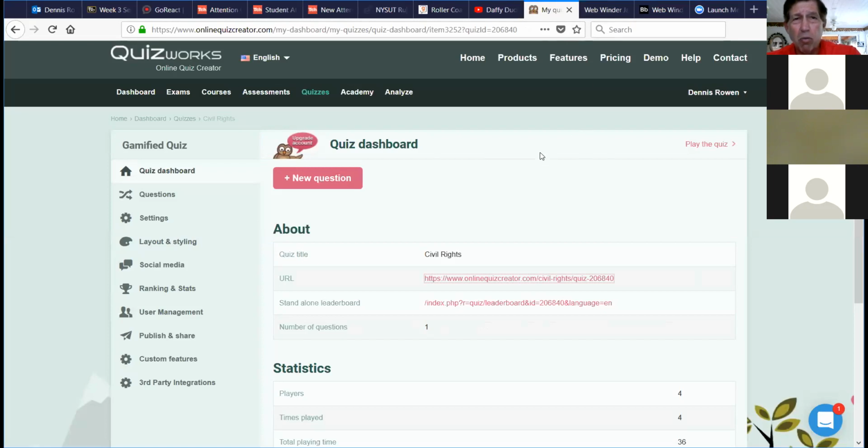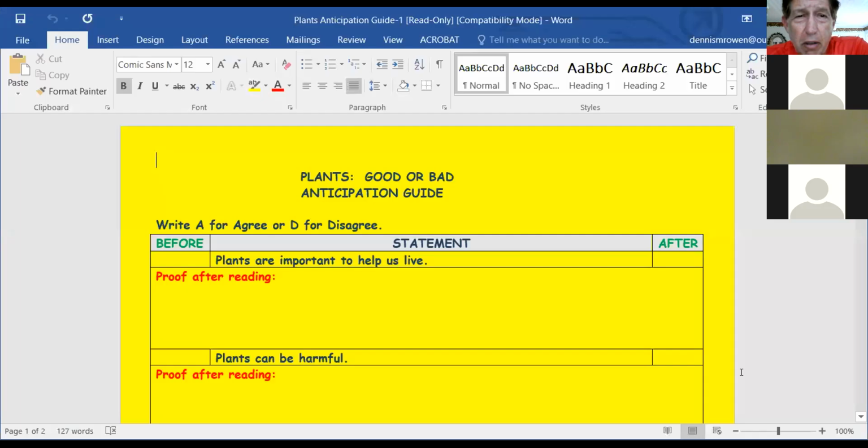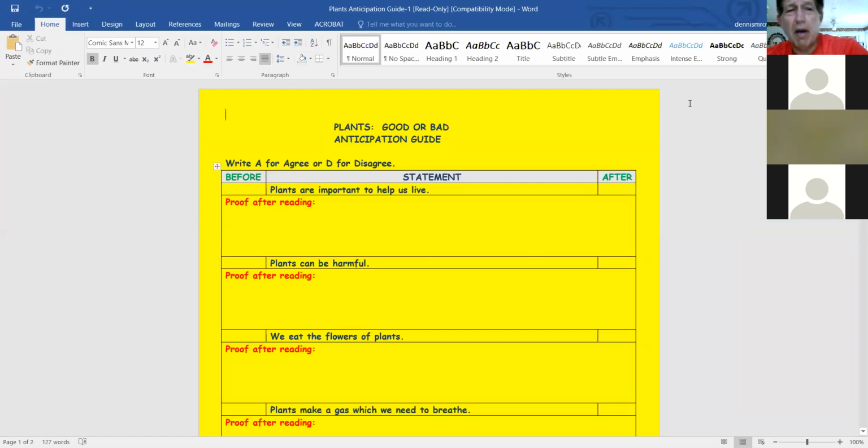Now let me show you one other highly effective pre-learning activity, in case you can't use any of those. One of the ones that has been used very successfully is called an anticipation guide. This is one I created for a study I did with 3rd graders on plants.